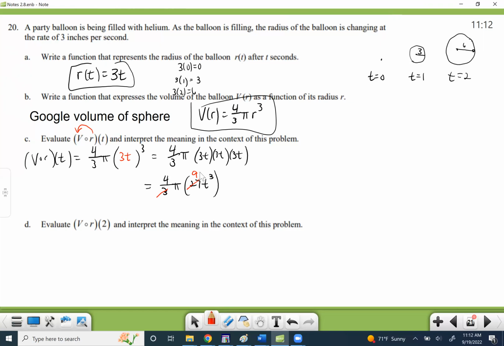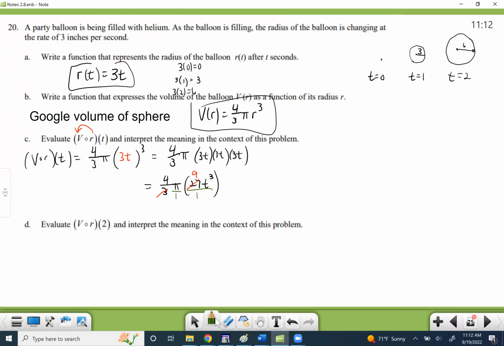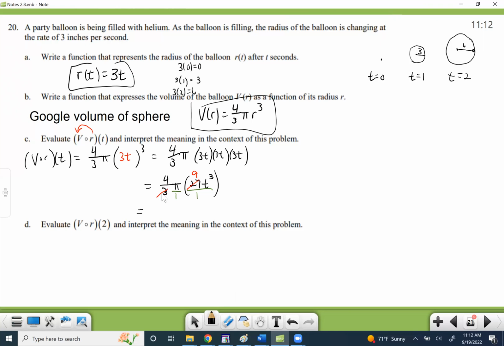And we will multiply straight across. I'll put an over 1 here, so it's really clear, you guys, that we're multiplying straight across. So 4 times pi times 9, let's just do the 4 times the 9. What is that, 36? And then the pi and the t cubed are all in the top. In the bottom, we just have 1 times 1, which is 1. So I'm not writing that. So there you go.